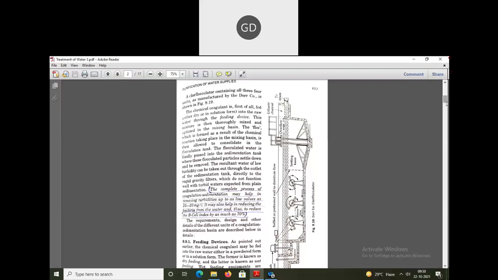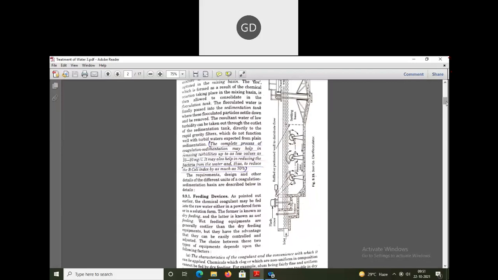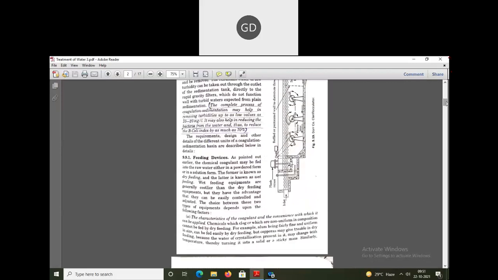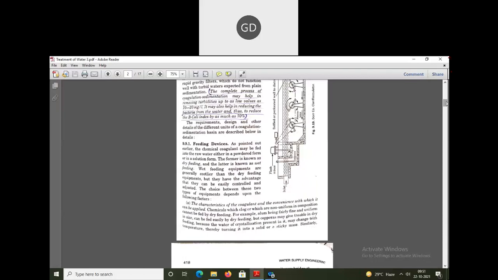The main thing in this clariflocculator is that the whole process of mixing and adding the coagulants or chemicals is done here. Now for each part of the clariflocculator, starting with the feeding device: there is dry feeding and there is wet feeding.